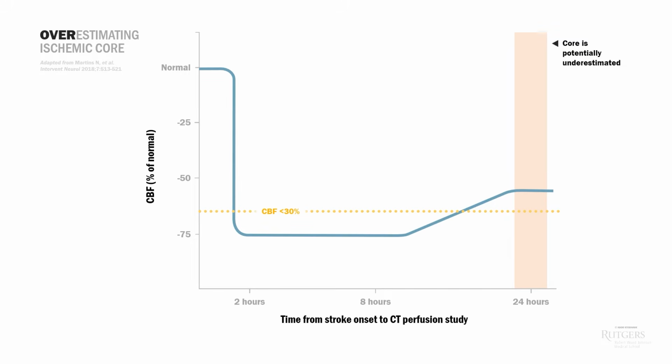Overestimation of the core is arguably a bigger problem, because large core may exclude a patient from intervention. When a large vessel occludes, cerebral blood flow in that vessel's territory dips below 30% of normal fairly quickly. But hypoperfusion does not necessarily translate to tissue ischemia. Not if it doesn't last for long.